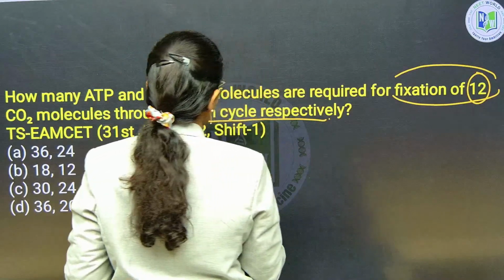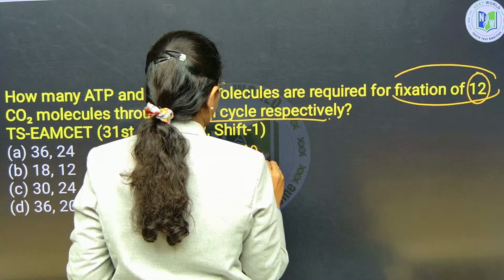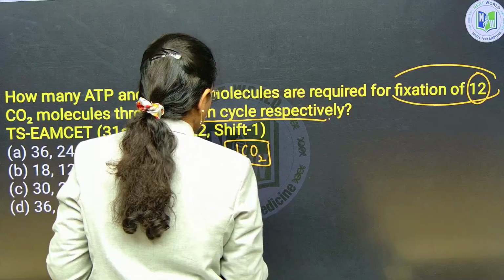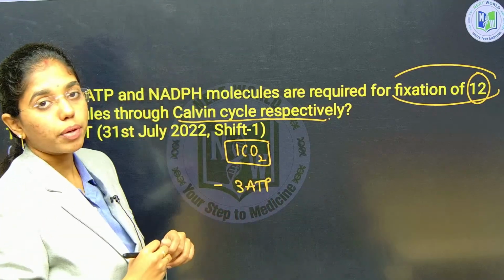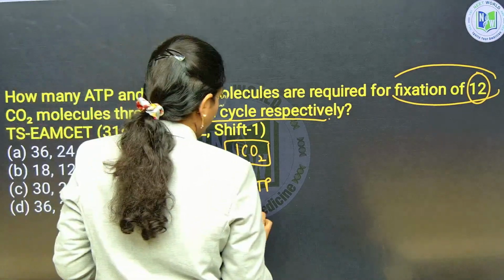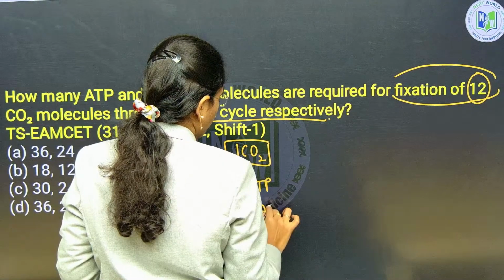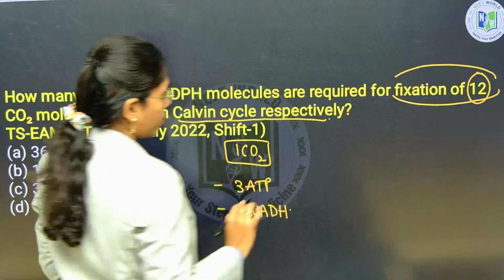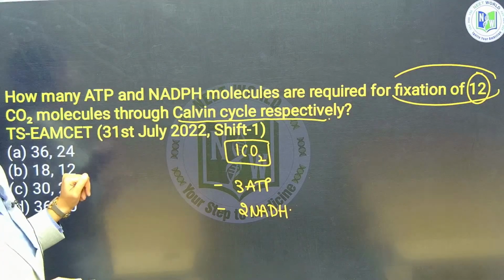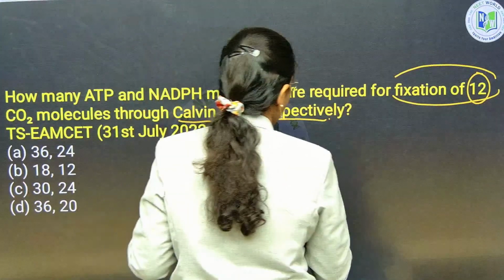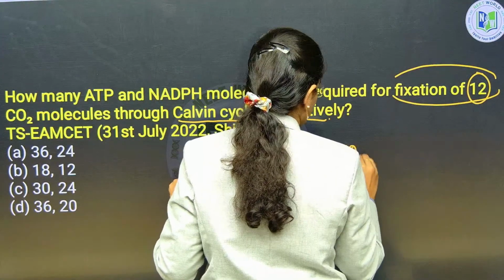For fixation of 1 carbon dioxide, it requires 3 ATP, 2 ATP for reduction and 1 ATP for regeneration, and 2 NADPH at the time of reduction.